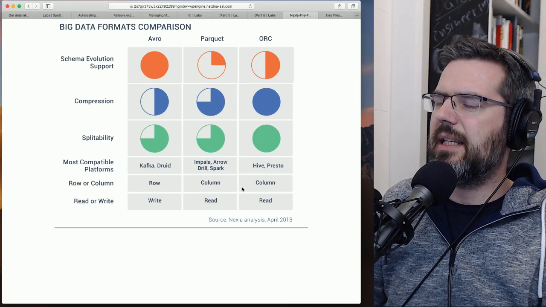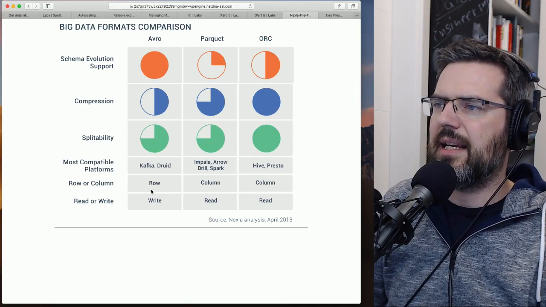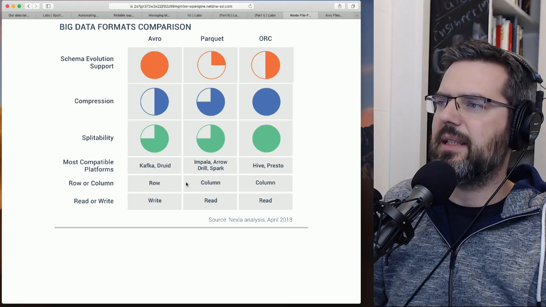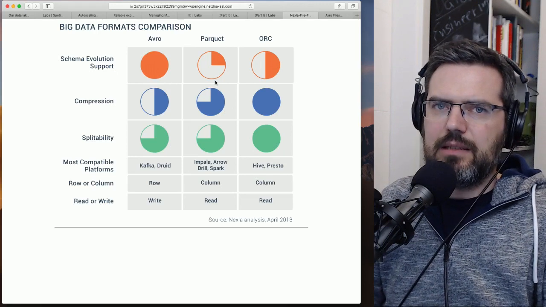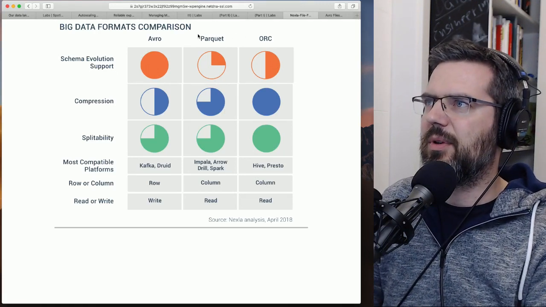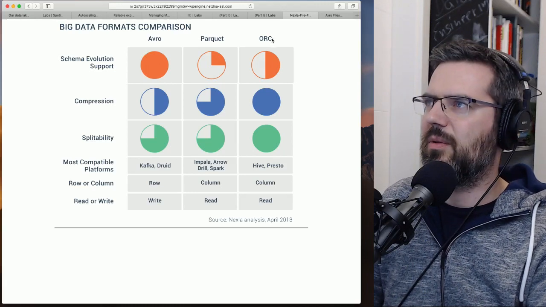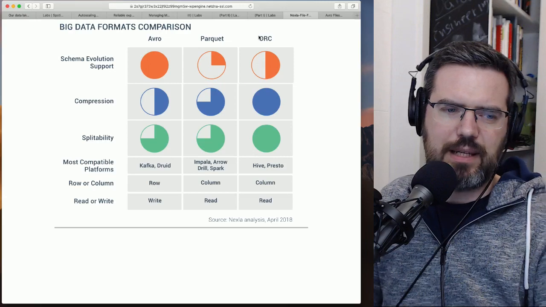Basically, a key difference is that Avro is a row-oriented file format, and Parquet and ORC are mostly the same. As I have learned, Parquet is more Cloudera based, and ORC is more Hortonworks based.